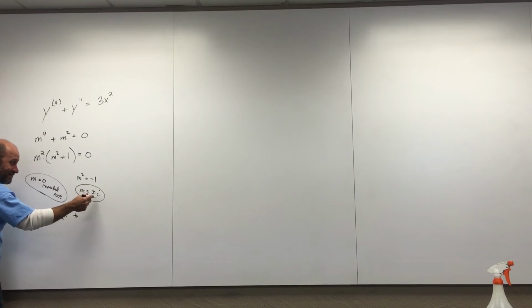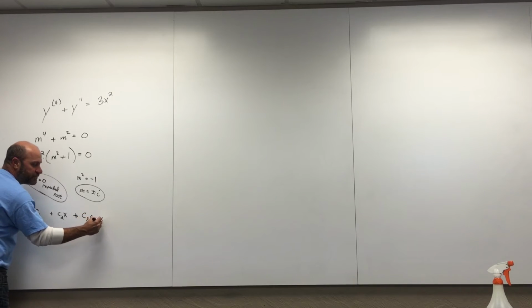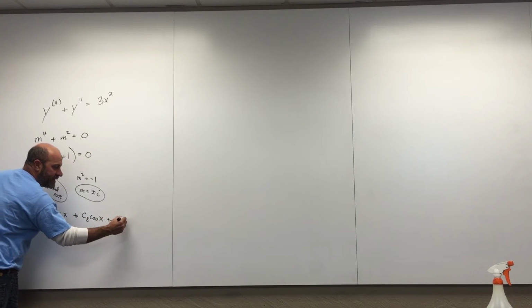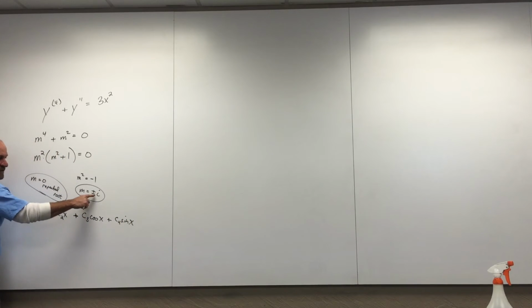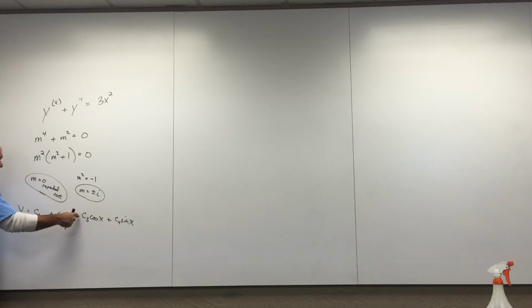You remember that? Oh, and I shouldn't say c1 and c2. I'm sorry. I should say c3, c4. c3 cosine x and c4 sine x. That's from the 1i. Out in front of this is an e to the 0x. That's from the 0, but that's just a 1. Wow, there's your yc.